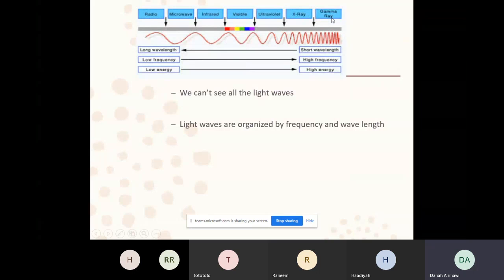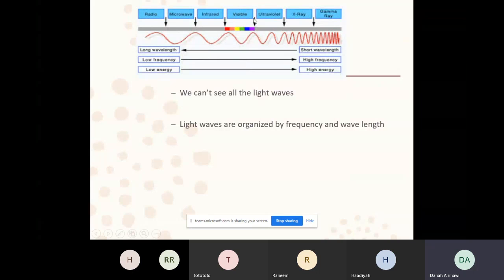Today, I want you to send me privately on WhatsApp the order of these waves: radio, microwave, infrared, visible, ultraviolet, X-ray, and gamma ray. Again, there are 7.